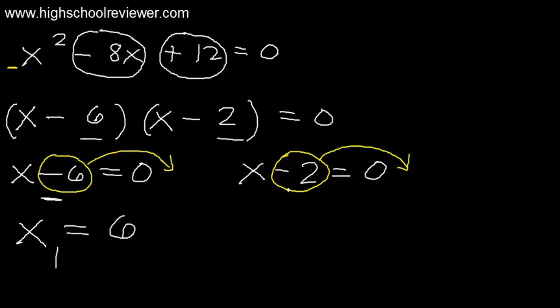What will be left on the left side will now only be x. And if we transpose negative 2, this will change sign. This will become positive 2. So our x sub 2 now is positive 2. Therefore, x sub 1 equals positive 6 and x sub 2 equals positive 2. They are our final answers.